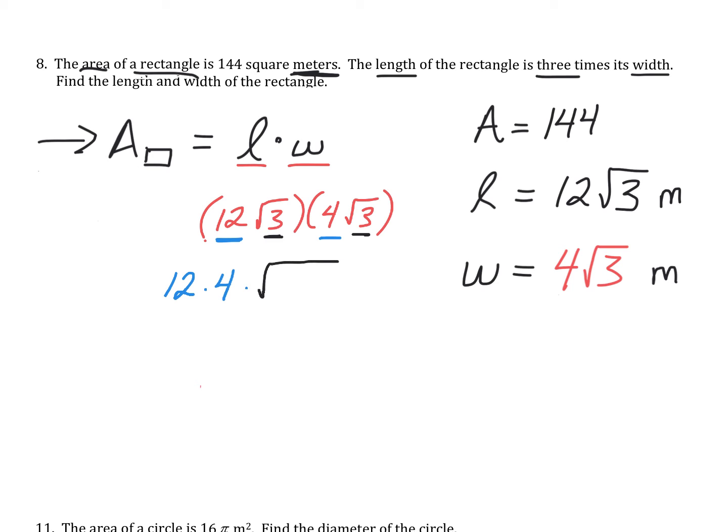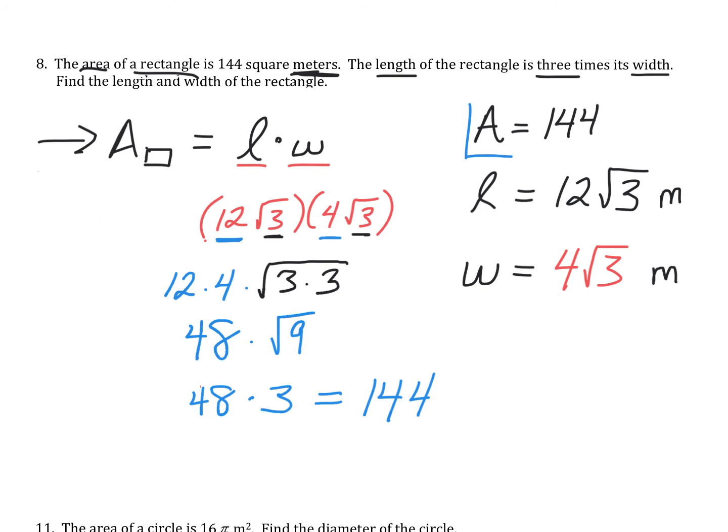So I'll have this big radical with 3 times 3. Now when I go to simplify that, I'm going to end up with 48 times radical 9, which is really just going to turn into 3, and 48 times 3 is going to give me 144.